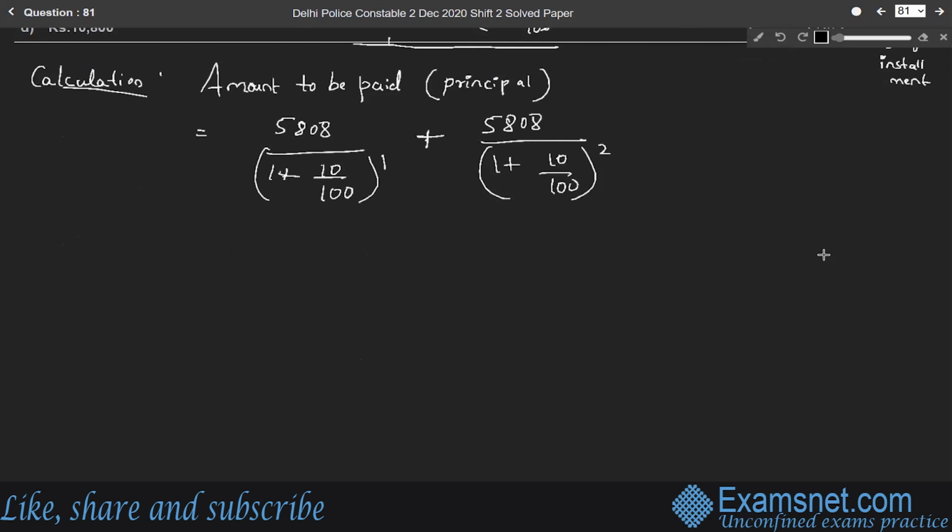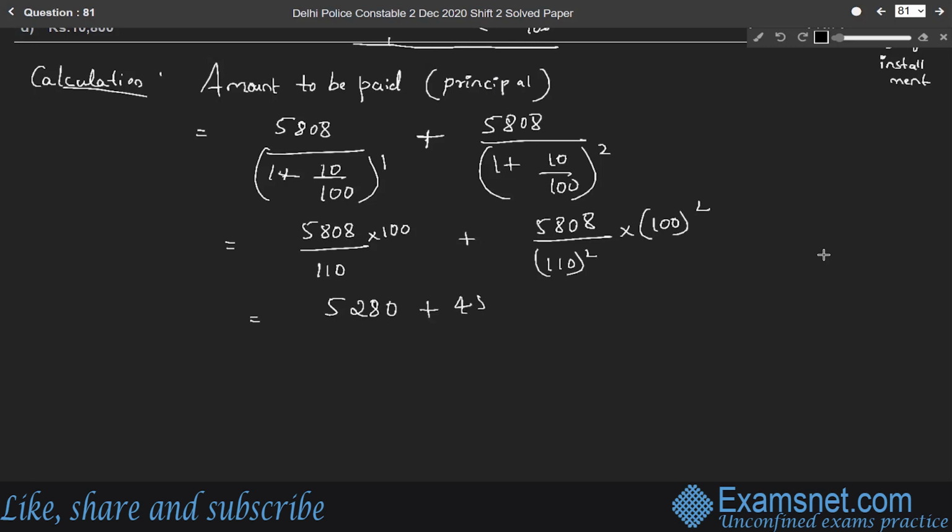Simplify it. 5,808 by 110 into 100 plus 5,808 by 110 square into 100 square, which after simplification gives 5,280 plus 4,800, which is equal to 10,080 rupees, the principal amount, right?